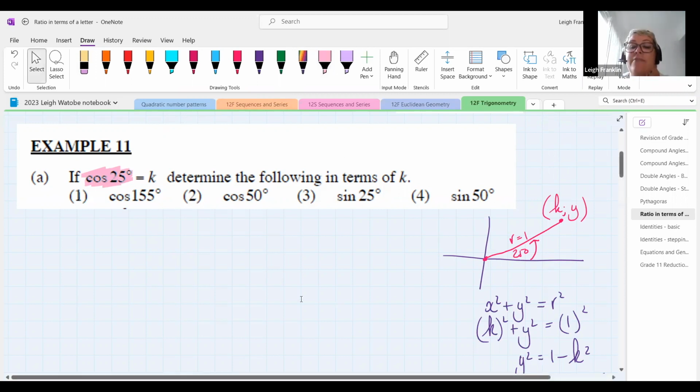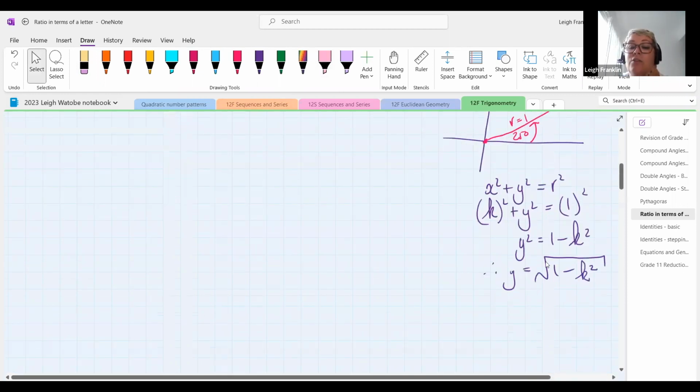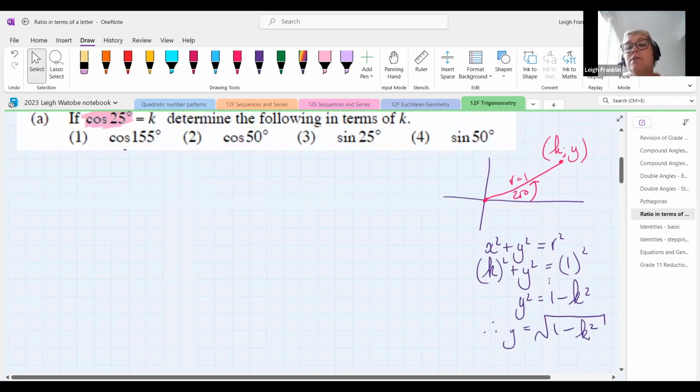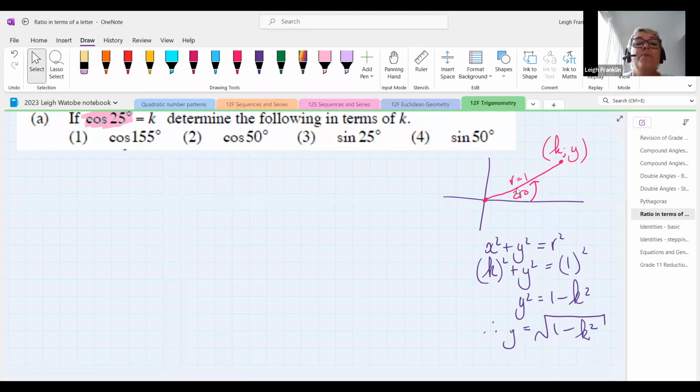When I found y, I didn't worry about plus minus. Normally I would, but I know that in the first quadrant both x and y are going to be positive. I hope that I have emphasized that enough and that makes sense to everybody.